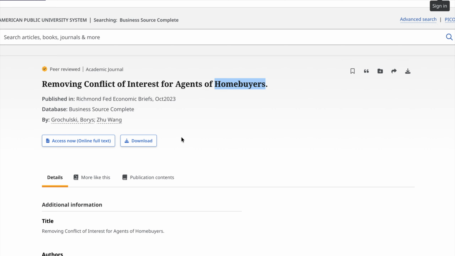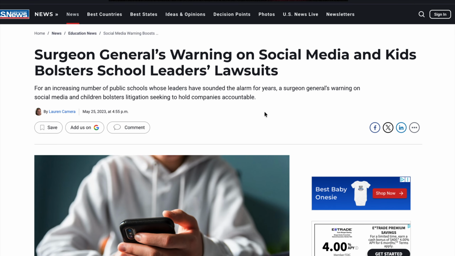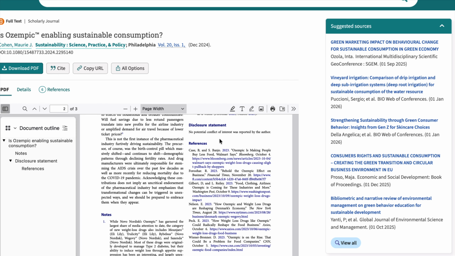So read this, see what you think, and argue for or against, or discuss how the article organizes itself as well. Then you've got the Surgeon General's warning on social media, which is kind of interesting because that's been in the news lately. And finally, you have something about Ozempic, which is kind of interesting how that's affecting the food industry.